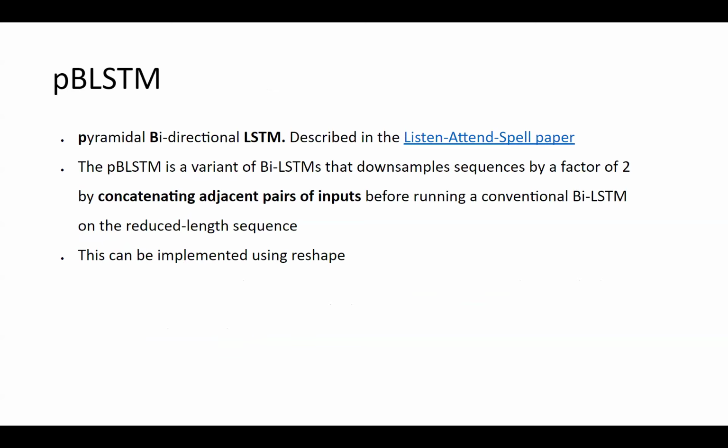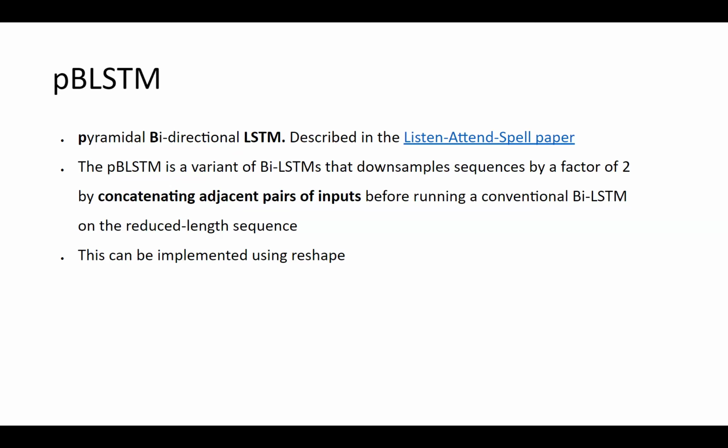LSTMs are the general framework that is expected, but there is a slight variation of the LSTM, which we call the pyramidal bidirectional LSTM. It is mostly a simple LSTM, except for a pre-step that happens before you actually apply the LSTM.